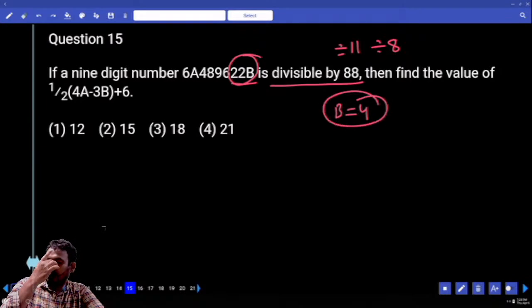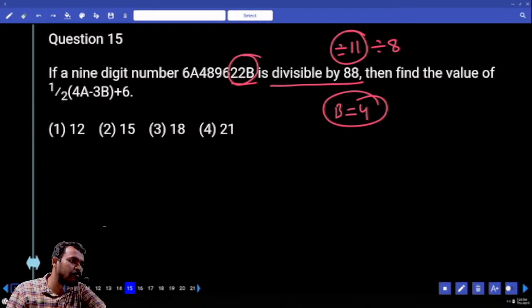The A value. But it must satisfy the other rule, the divisibility rule of 11. What is the divisibility rule of 11? The alternate digits sum difference will be either 0 or 11. 6 plus 4 is 10, plus 9 is 19, plus 2 is 21, plus 4, how much? 25.